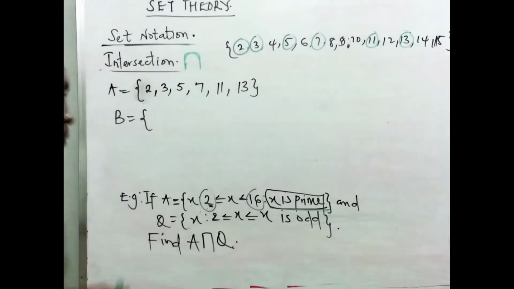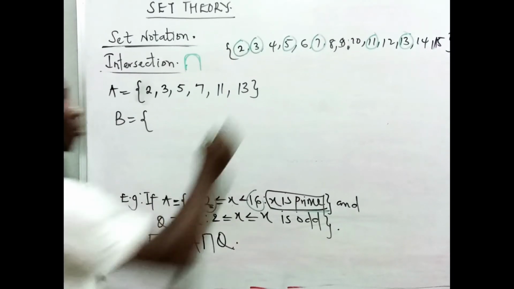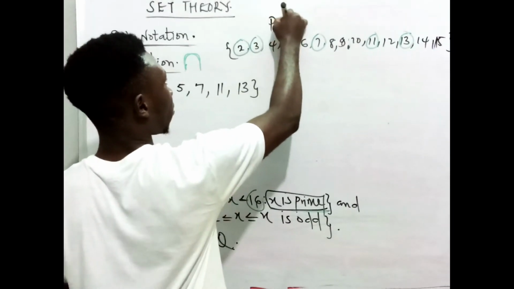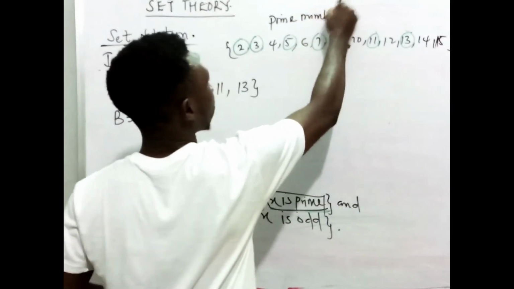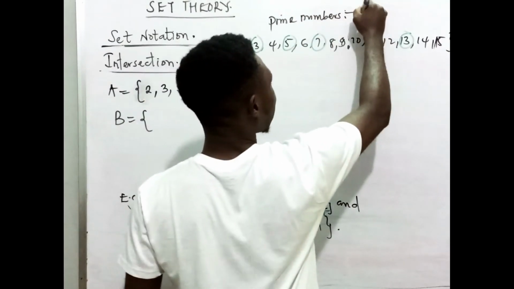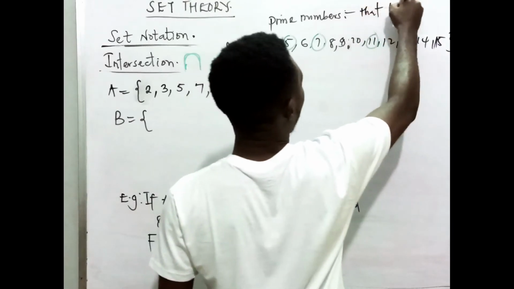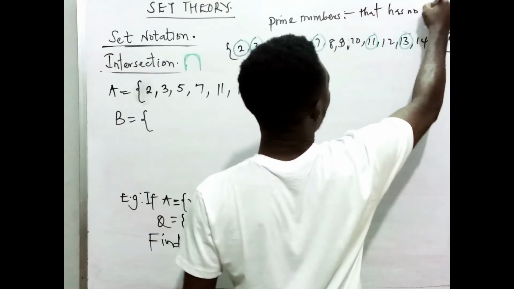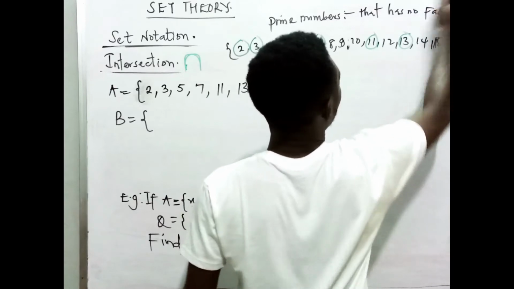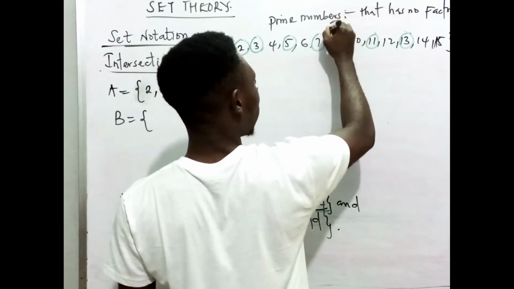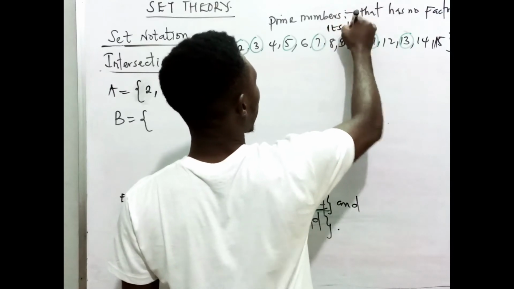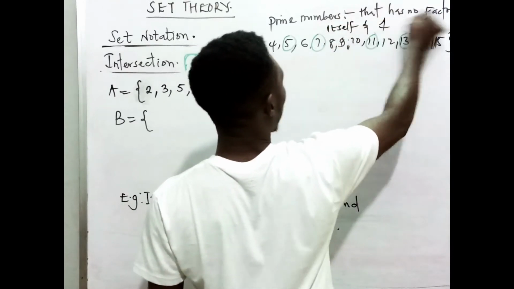Now, please don't forget the definition. Prime numbers, please note, are numbers that have no factor. They can be divided only by themselves and 1.